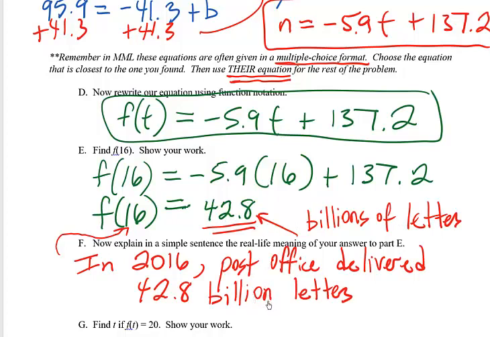Well, I have no idea, and that's not really the point. The point of these questions is to say, if our linear model is correct, in other words, if the pattern we noticed during the years in that table continued on, what would have happened? And we're saying, boy, at the rate at which their deliveries were going down, if that same thing continued by 2016, they would have been down to 42.8 billion letters. And you can see how people use math then to make predictions about some future events if the current trends continue.